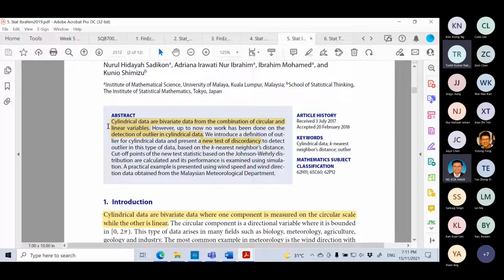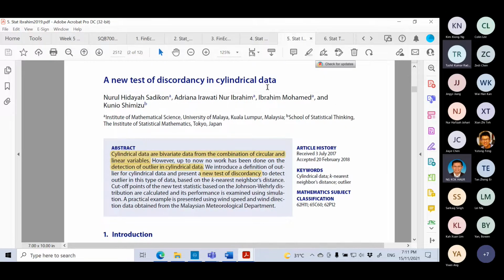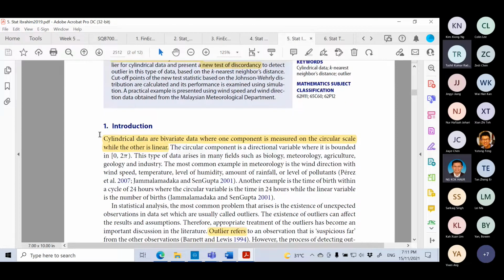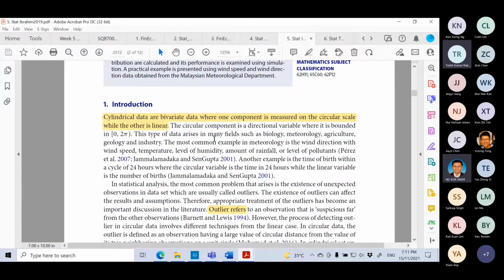So if you go through this type of topic, what do you expect the literature review to provide? Of course, the author needs to provide some information about the definition of cylindrical data.